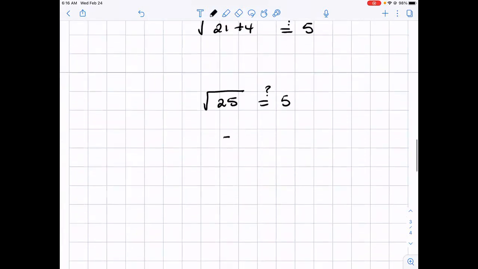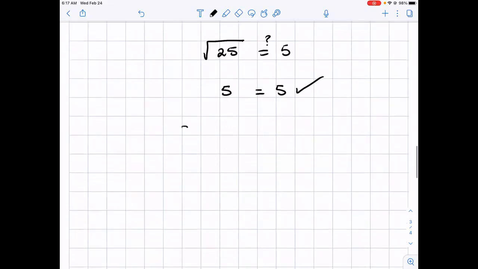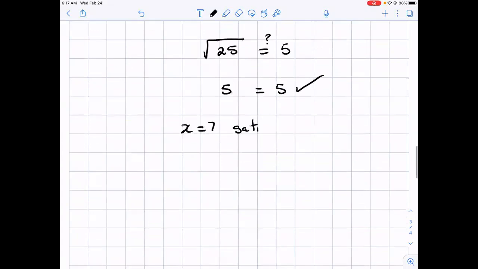And 5, the square root of 25 is 5, is equal to 5. So this is true. So now we can say x equals 7 satisfies the original equation.